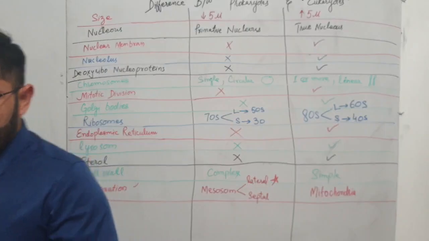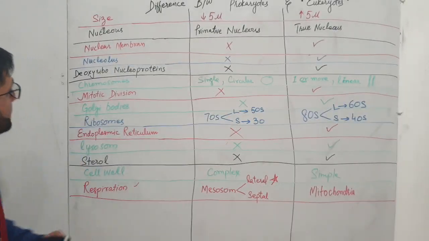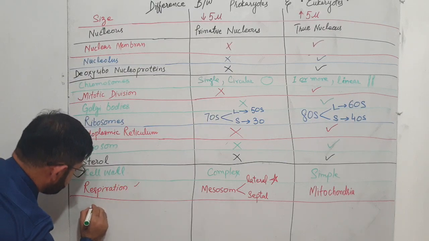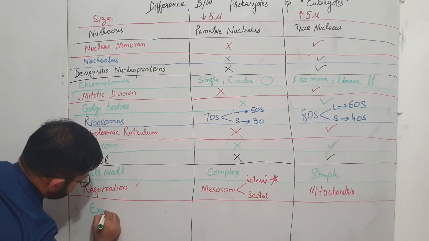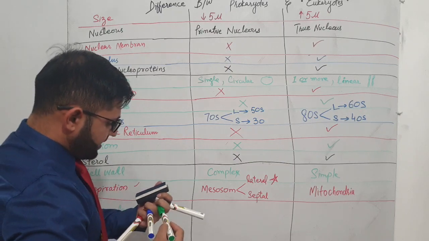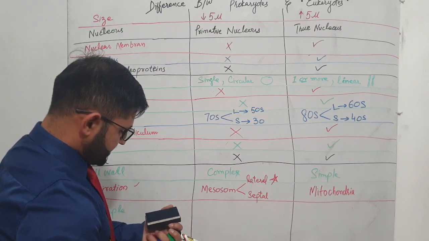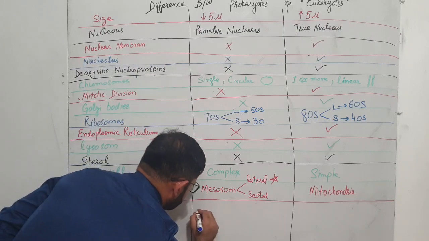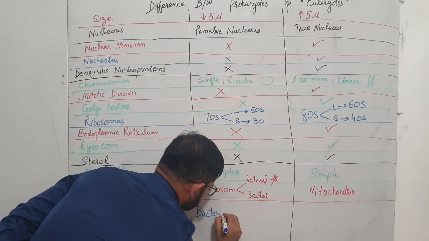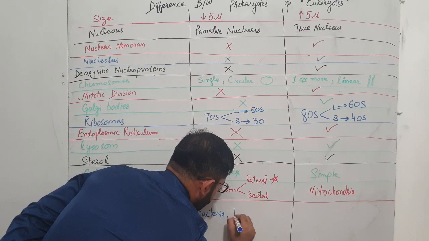Now, examples of the prokaryotes and examples of the eukaryotic cells. The examples of prokaryotic cells are bacteria and blue-green algae.